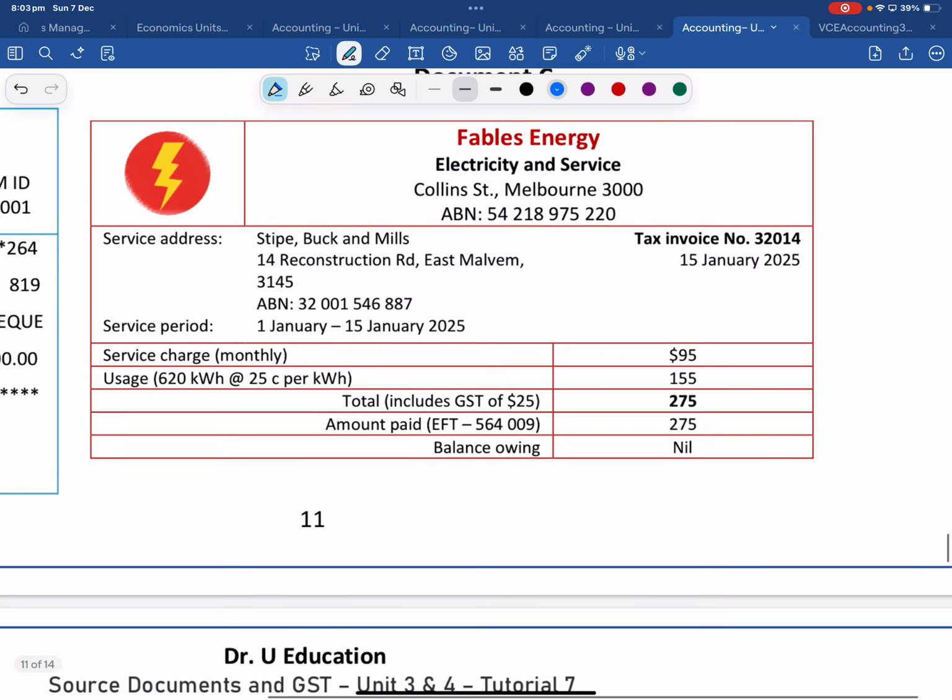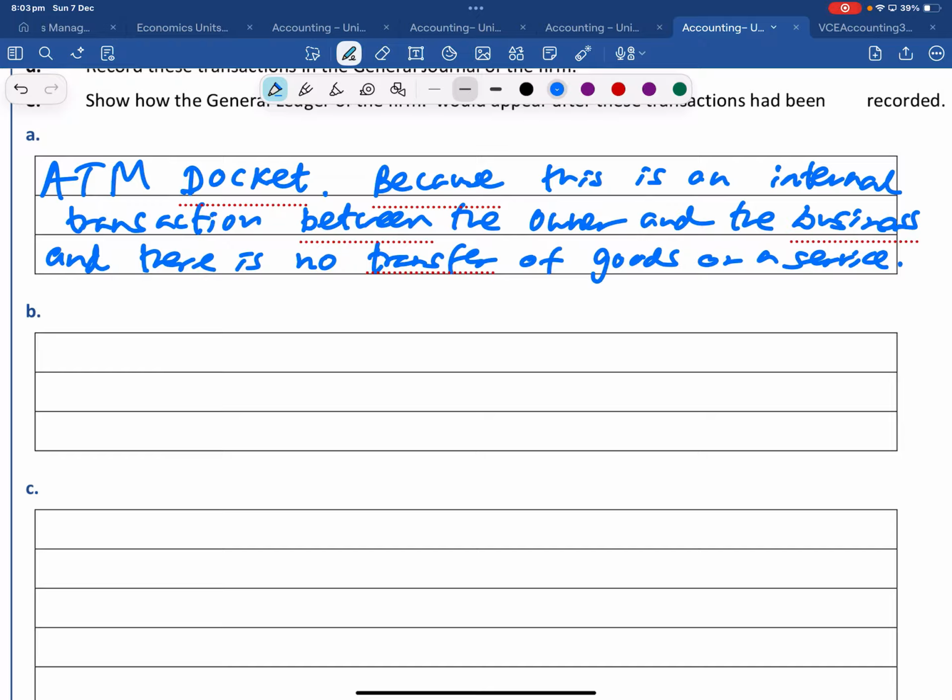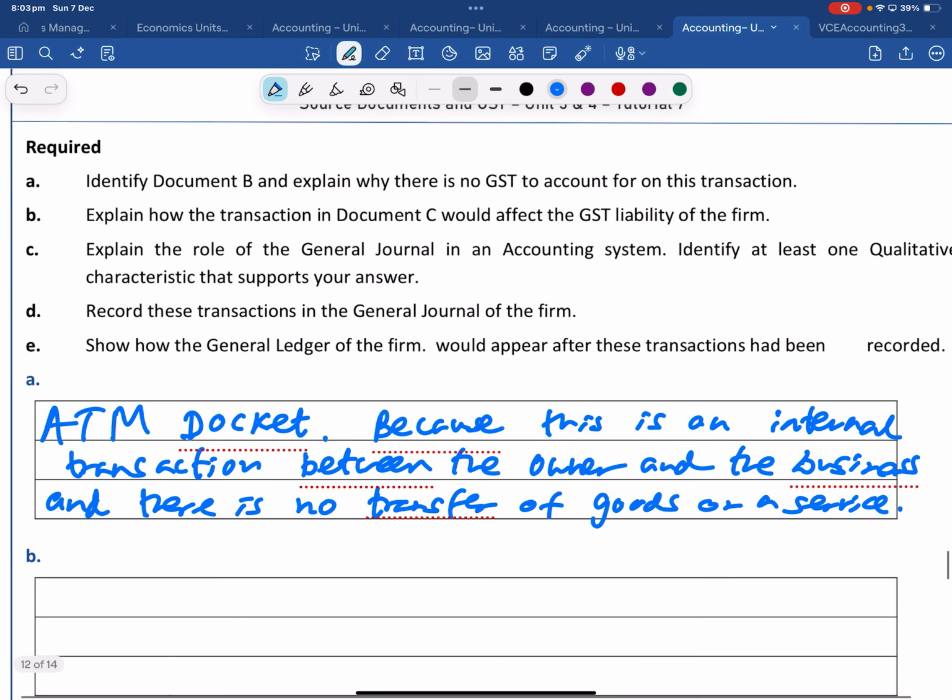We have to explain. Payment of GST to the ATO? No, not to the ATO. Then to whom? To Faber's Energy.